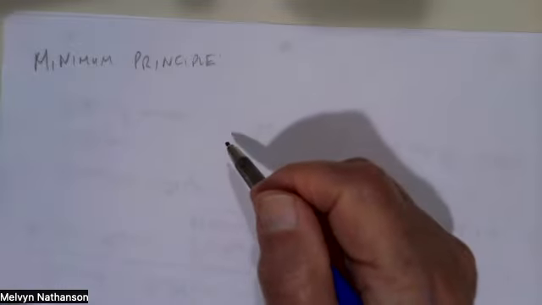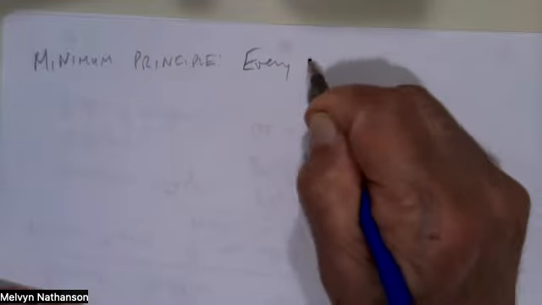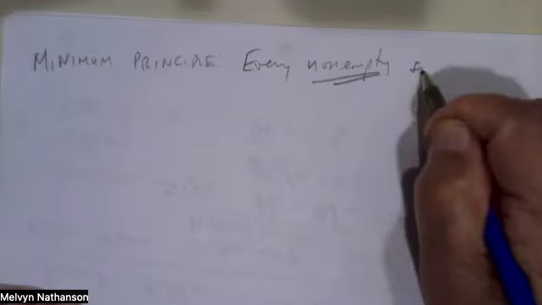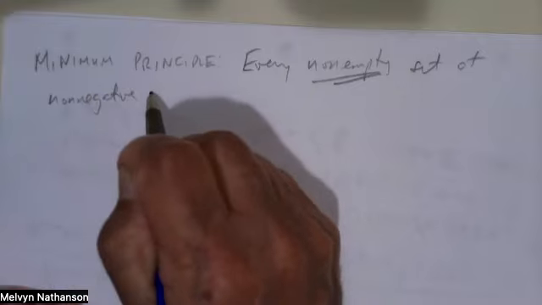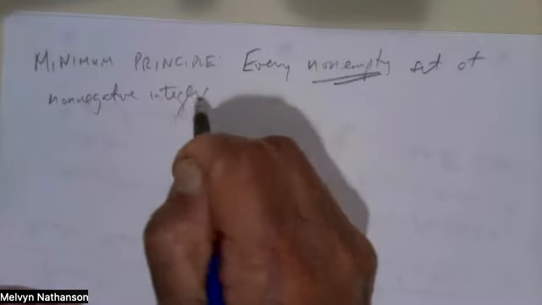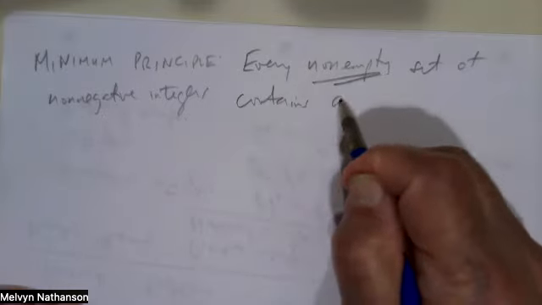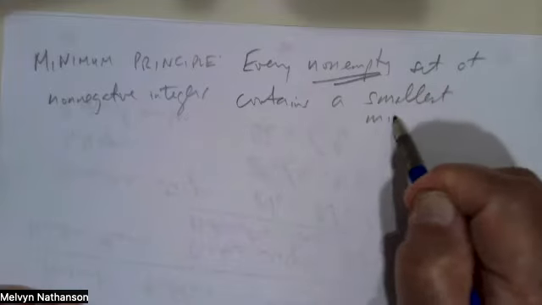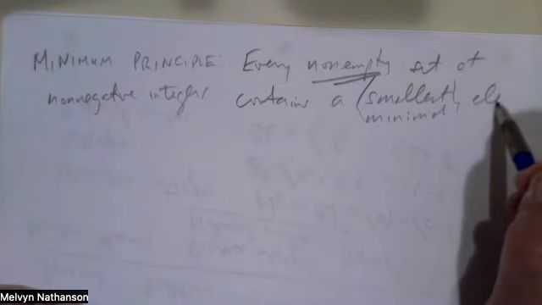And the minimum principle says the following: every non-empty set of non-negative integers contains a smallest, or a minimal, means the same thing, element.